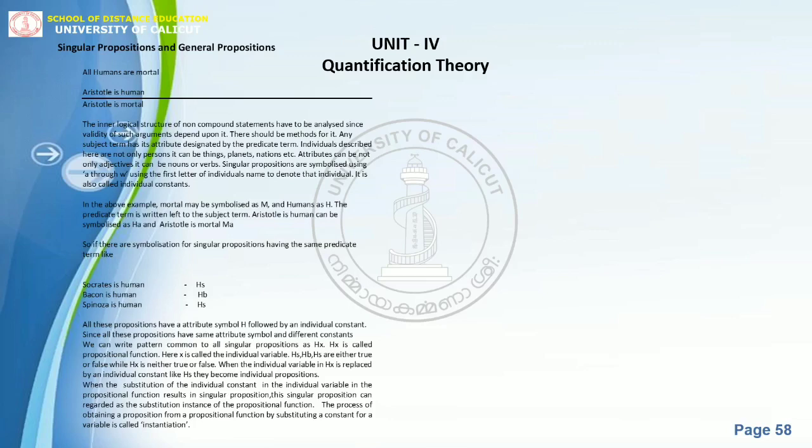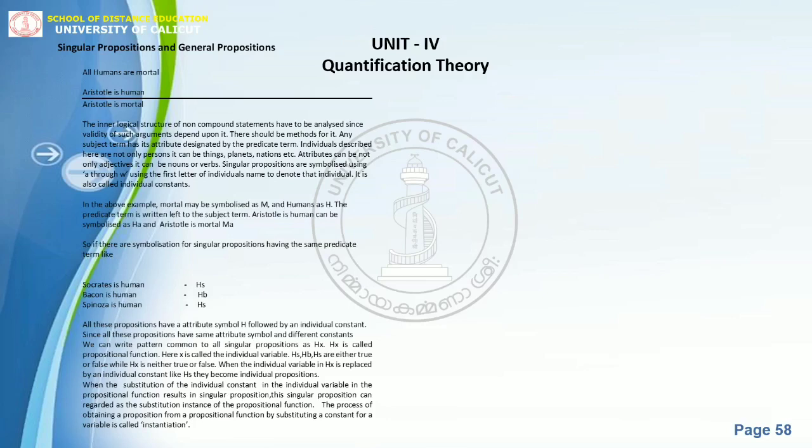Similarly, if we have to write Socrates is human, it will be H and small s. Bacon is human, then H and small b. Spinoza is human, then H followed by small s.